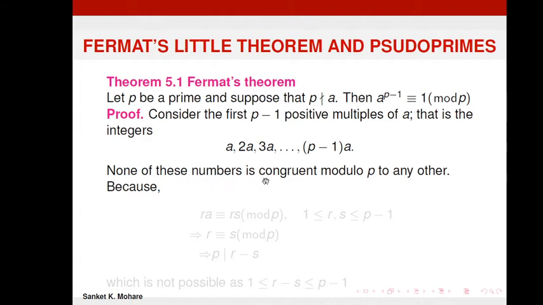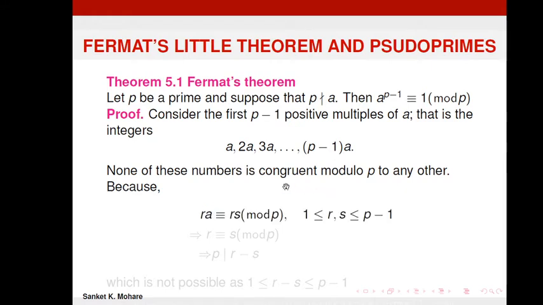None of these numbers is congruent modulo p to any other. So these are incongruent modulo p, which means a is not congruent to 2a modulo p, 2a is not congruent to 3a modulo p, or a is not congruent to (p minus 1)a modulo p, and vice versa. So none of these are congruent modulo p.